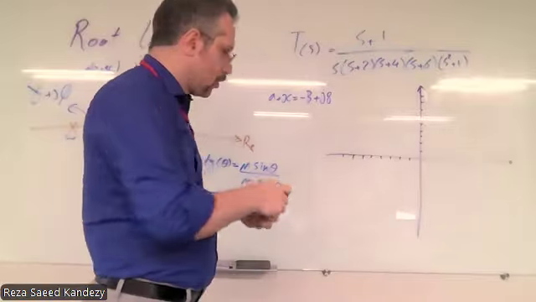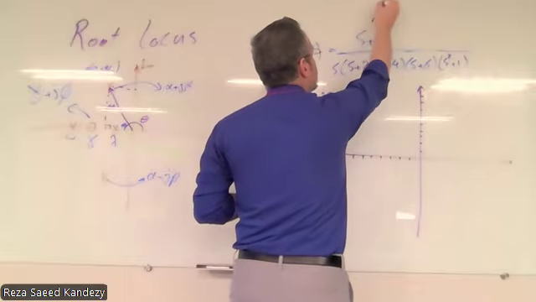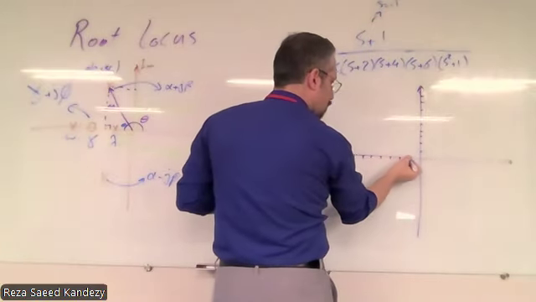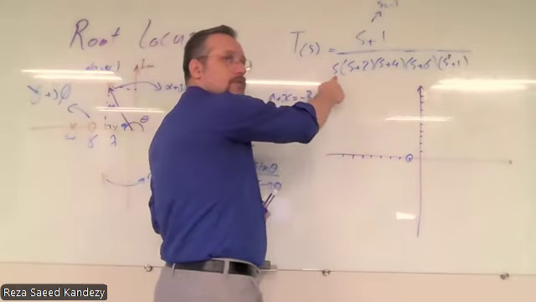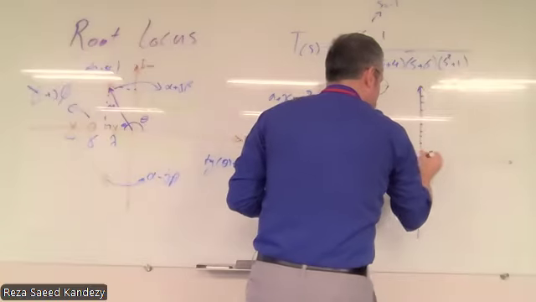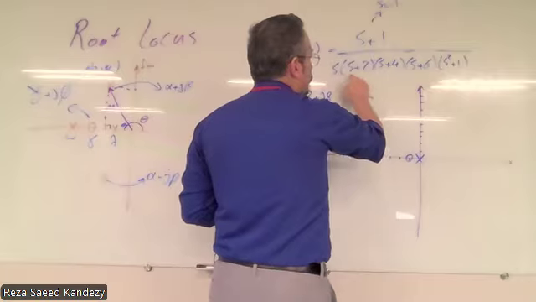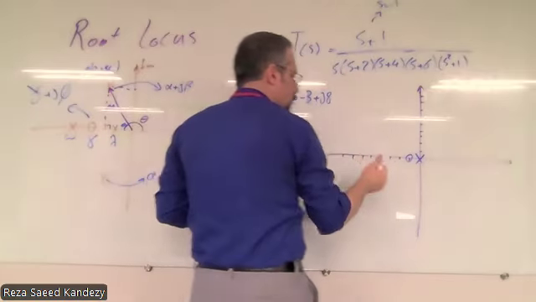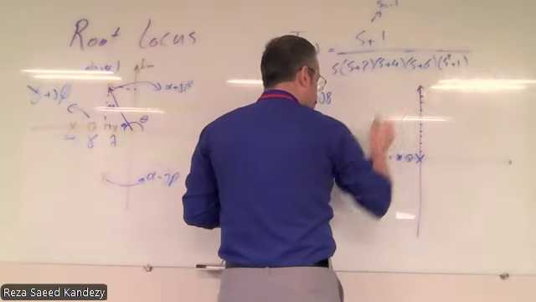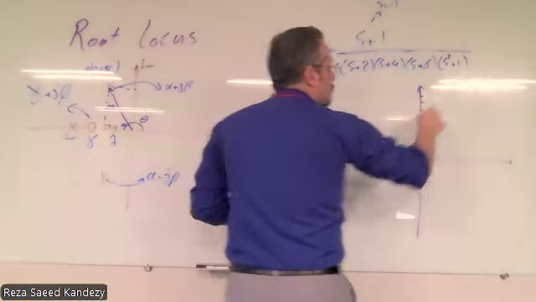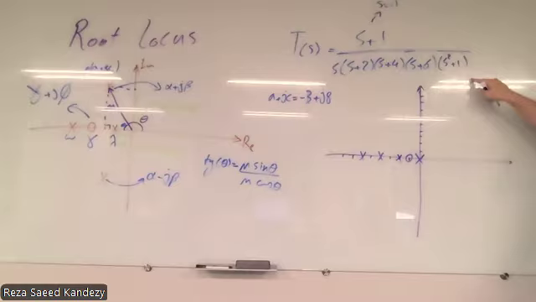Okay, so one of my zeros is at minus 1. So this is my zero, correct? One of the poles is at 0. I have another pole at minus 2, another one at minus 4, another one at minus 6, and two poles at plus minus j.